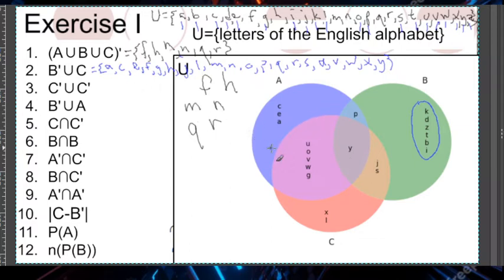So we have everything that's not in C. I'm not going to write them in order, because that's going to be too difficult. So I'm just going to start writing over here. All this stuff is outside of any set, so that's definitely it.